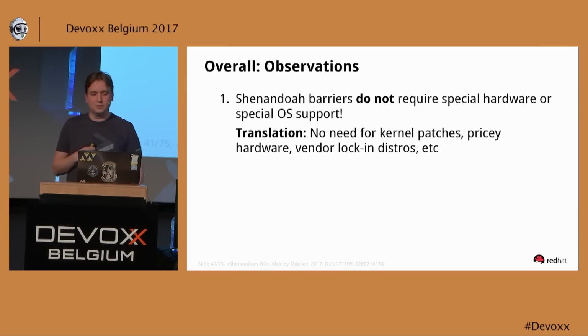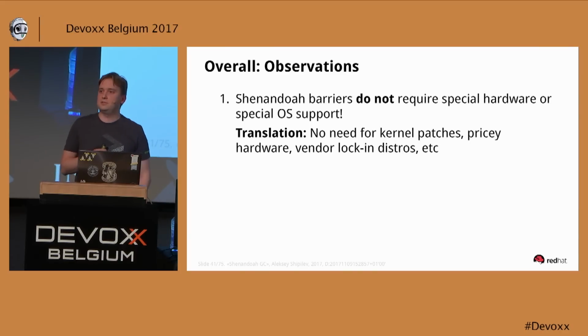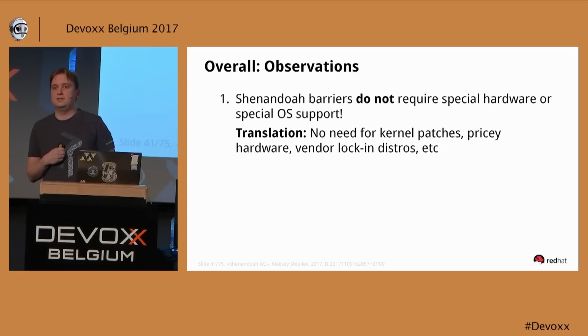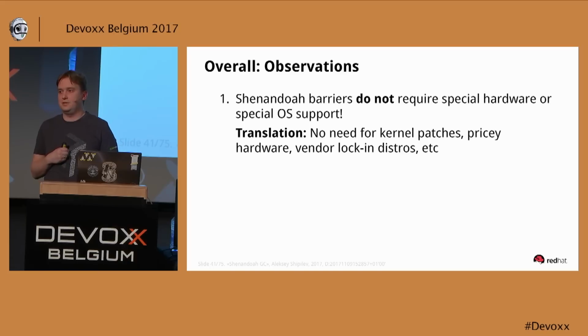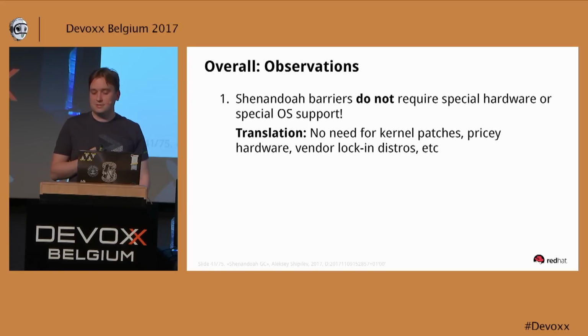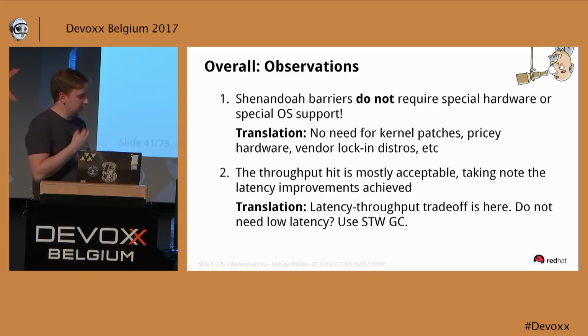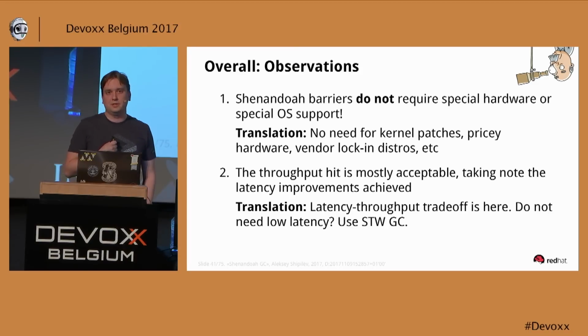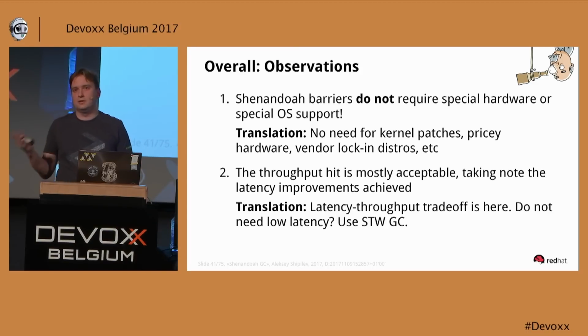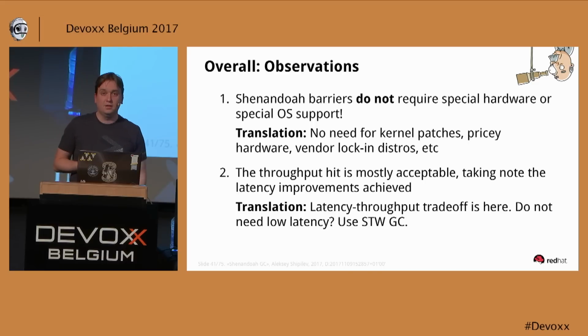It's pure software. You don't need kernel patches for it to work, you don't need special kernels, special operating systems or special hardware. It just works. And the throughput hit, what our adopters are reporting, is mostly acceptable for them because they are trading the latency for it.